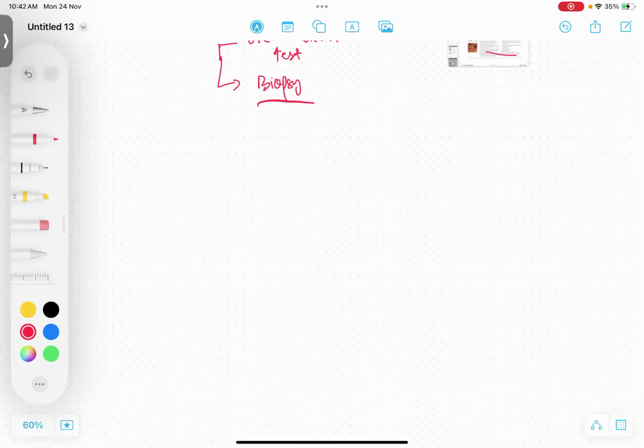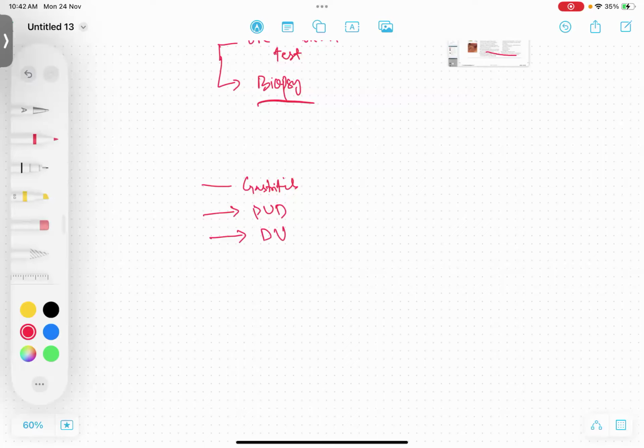Yes, it causes gastritis, peptic ulcer disease, and duodenal ulcers, in the first part of the duodenum.